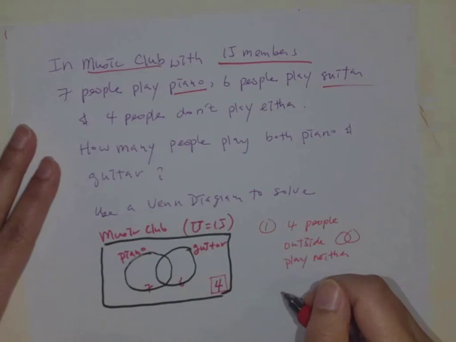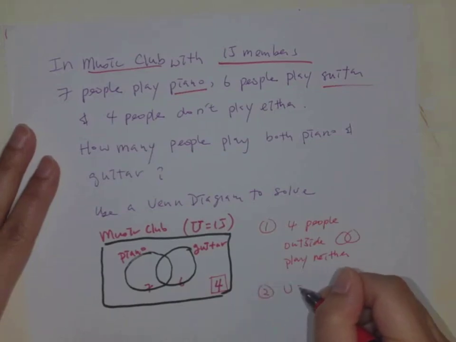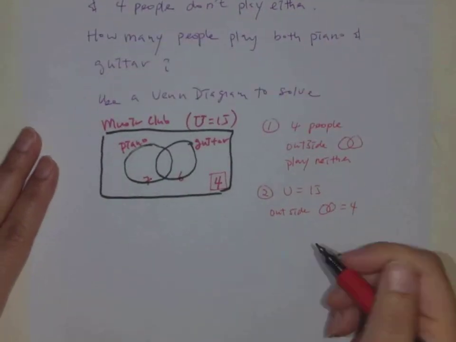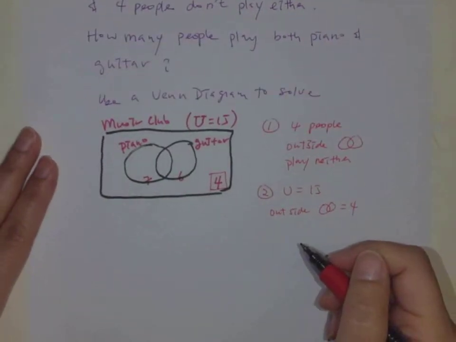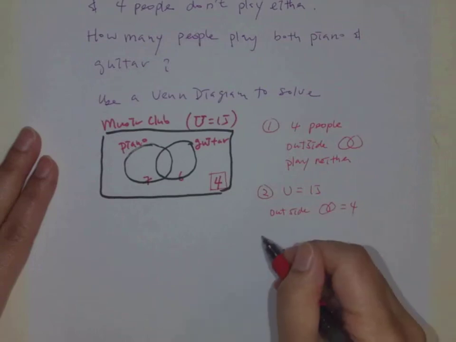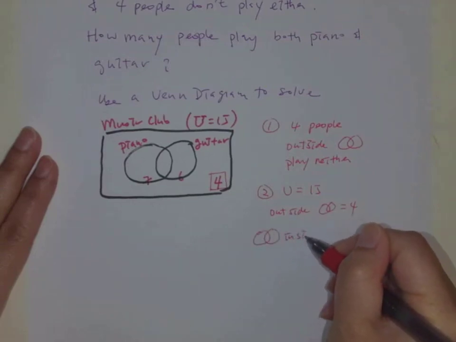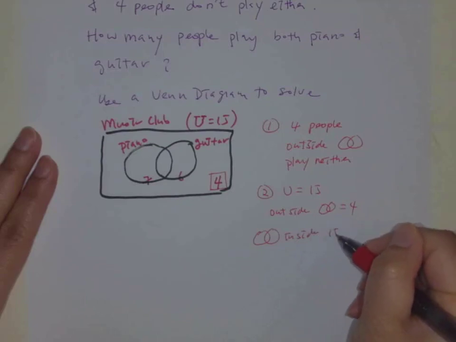So let's see. If we say U is 15, right? And then outside of the 2 circle equal to 4. Those are the 2 numbers we're pretty sure, right? So inside the 2 circle should be 15 minus 4 equal 11, right?